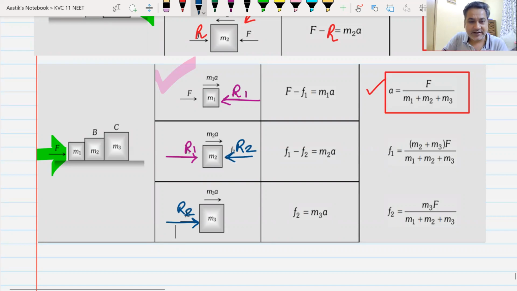These are action and reaction forces. And therefore, we get the free body diagram like this.